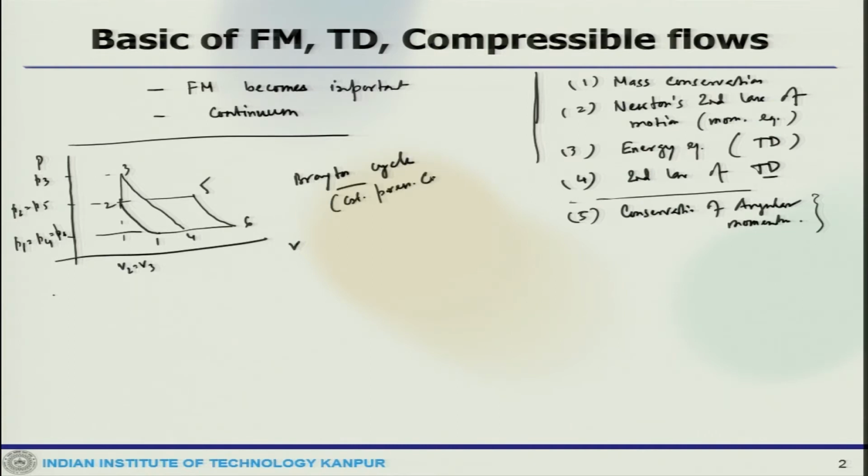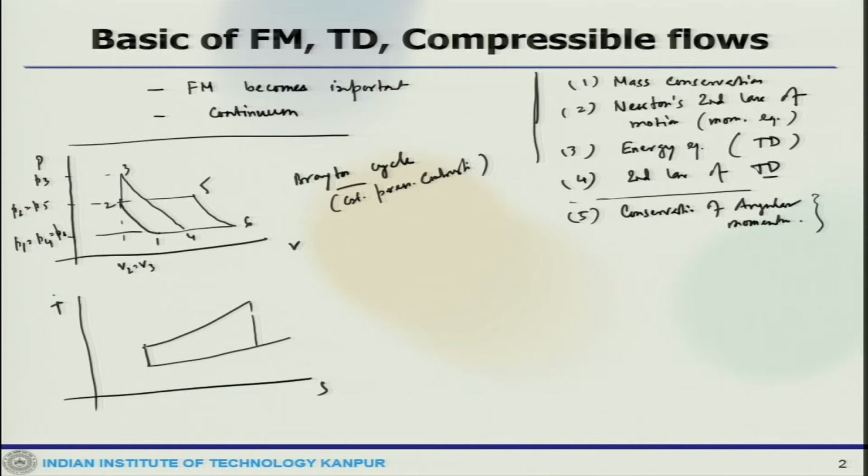Now, the other one, if I draw the TS diagram, 1 to 2, then it goes to 3, then it comes to 4, 1, 2, 3, 4, 5, 6.